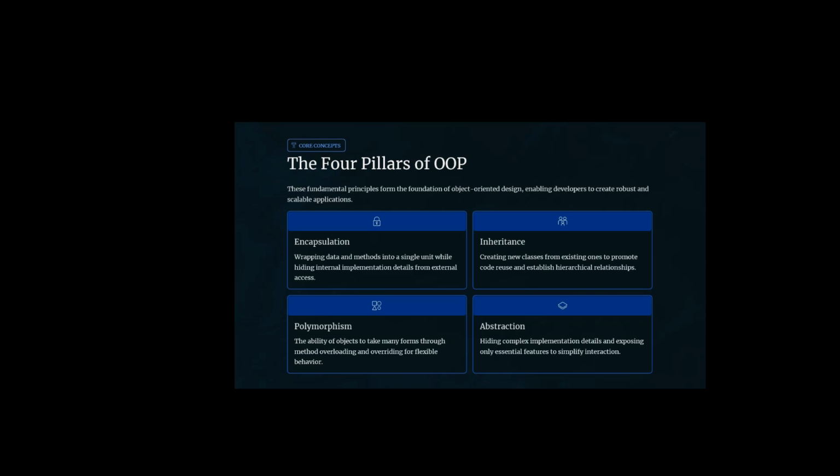Here we are wrapping a lot of data and methods, all of them into a single unit while we are hiding internal implementation details from external access. So we are hiding all of the internal implementation details and showing only the content that is required to the outside people.